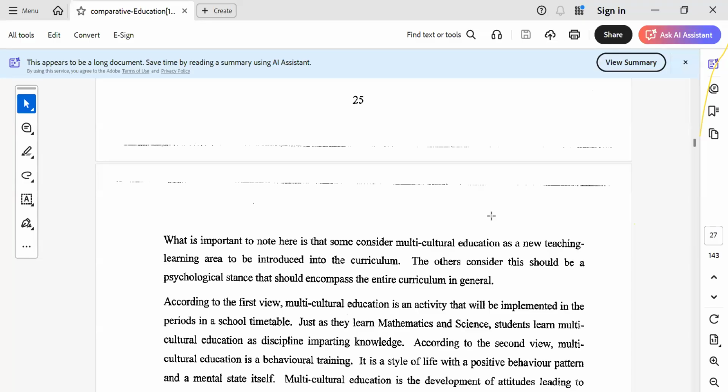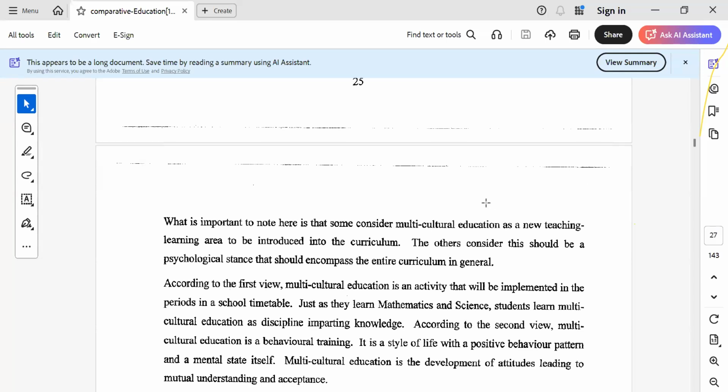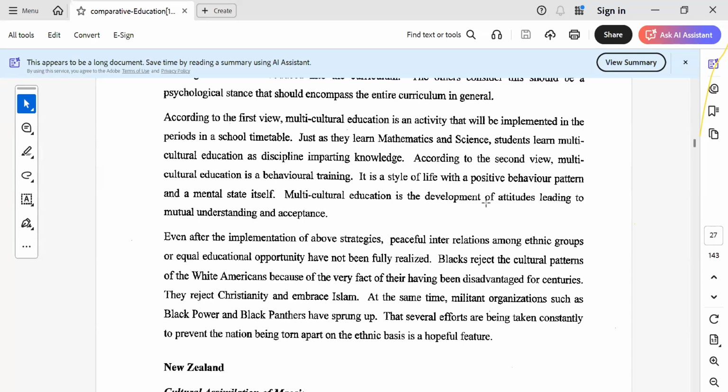The others consider this should be a psychological stance and should encompass the entire curriculum in general, right? Even in that, you can see the different perspectives. So according to the first view, multicultural education is an activity that will be implemented in the periods in the school timetable.